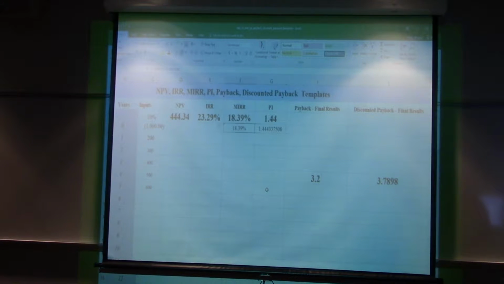Okay, the payback period. Now let's do this. Payback period is okay because it's just $1,000.